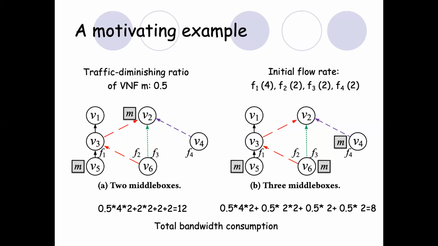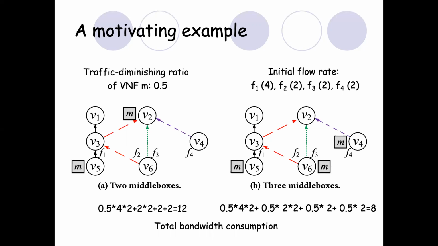All flows need to be served by the same type of middlebox before reaching their destination. The traffic changing ratio, which is the proportion of a flow's traffic rate before and after being processed by the middlebox, is 0.5, which diminishes the traffic rate.